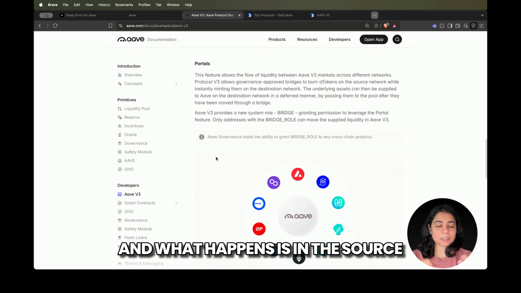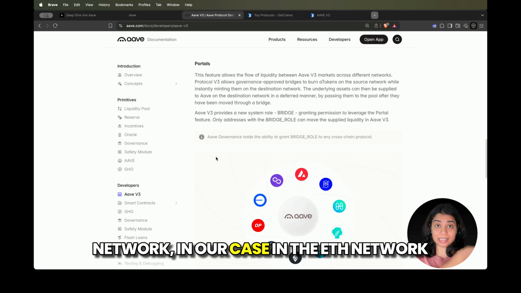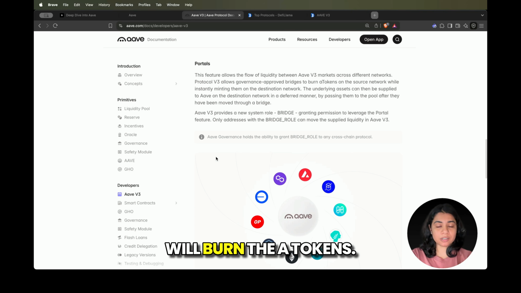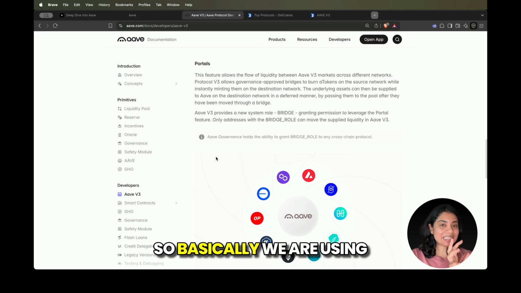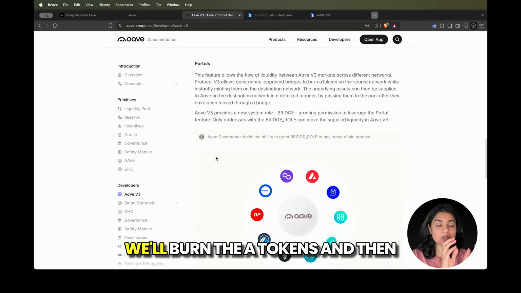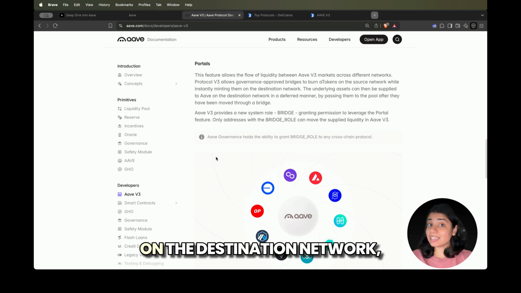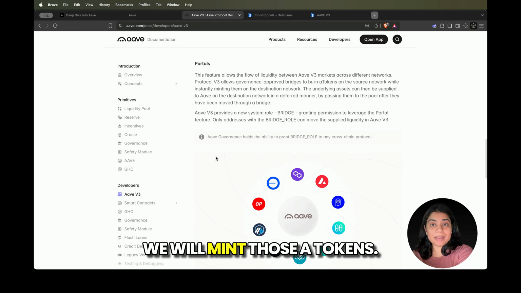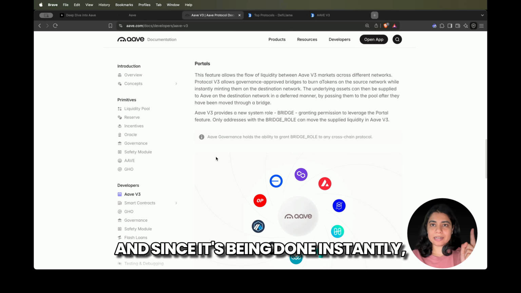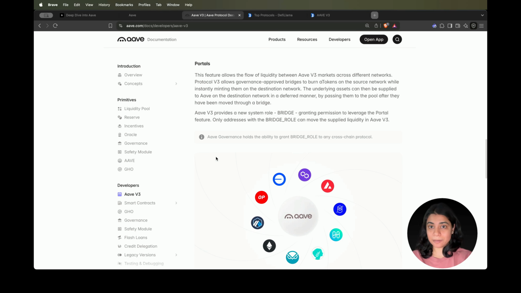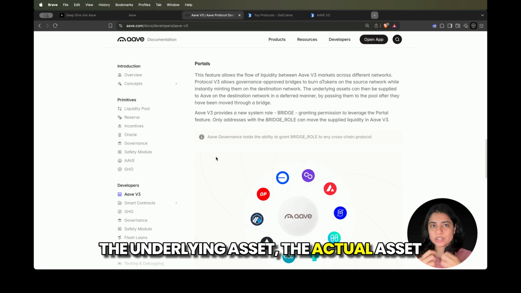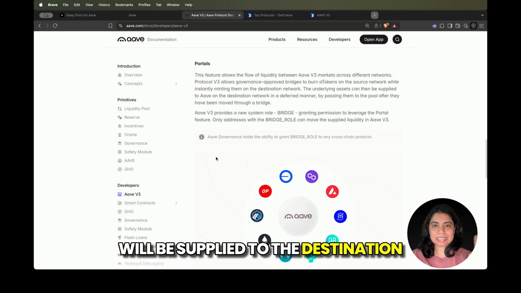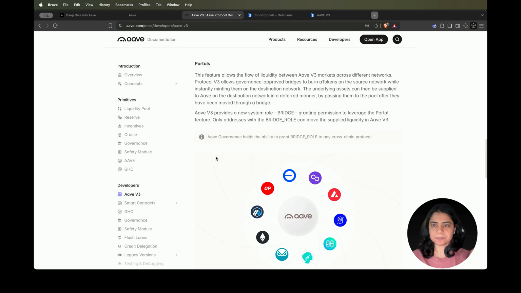In the source network, in our case the ETH network, we burn the A tokens. So basically, we are using A tokens for this. We burn the A tokens, and then on the destination network, like in our case Arbitrum, we mint those A tokens. Since this is done instantly, the underlying asset, the actual asset, will be supplied to the destination network in a deferred manner.